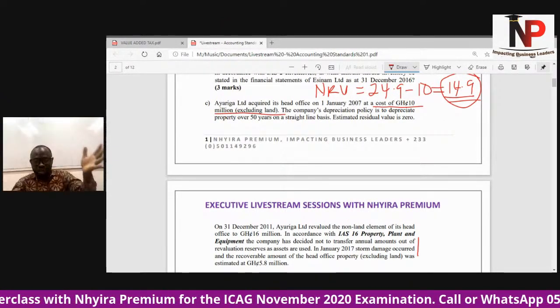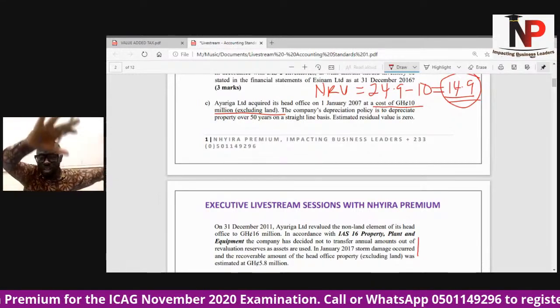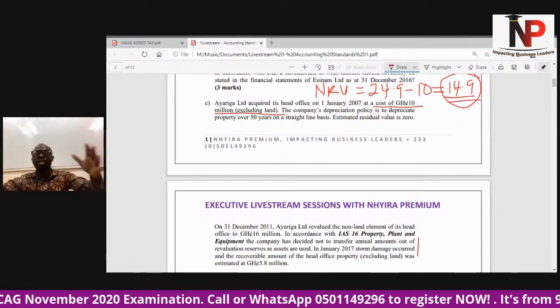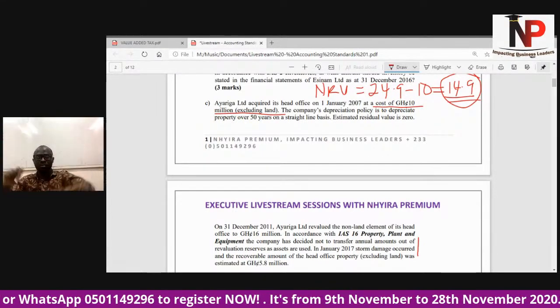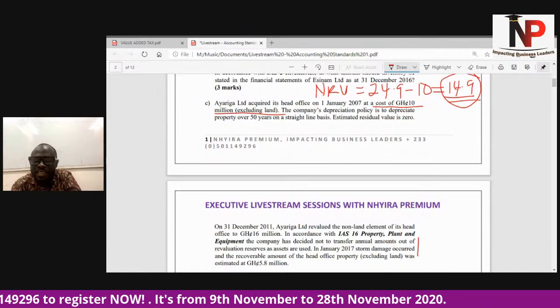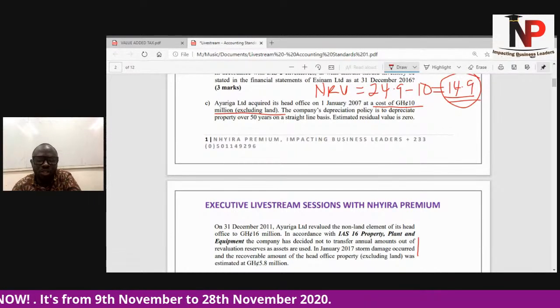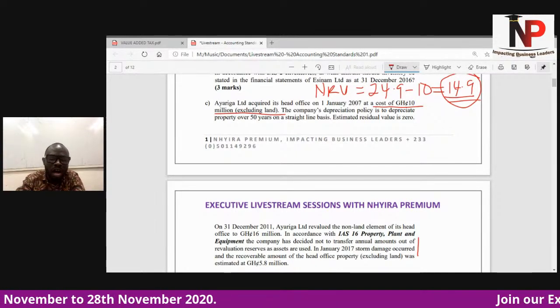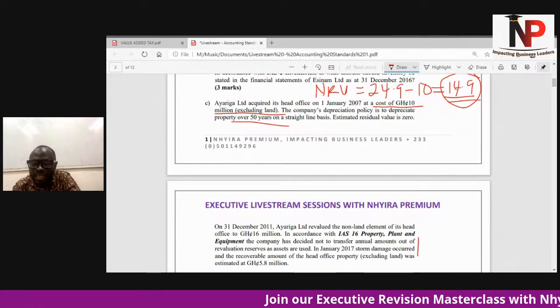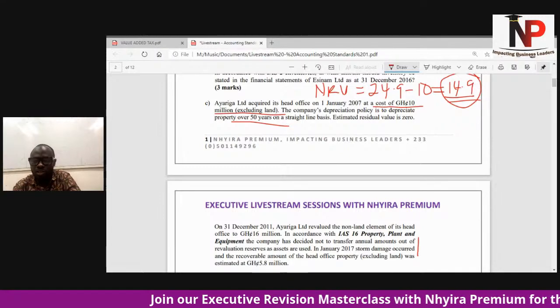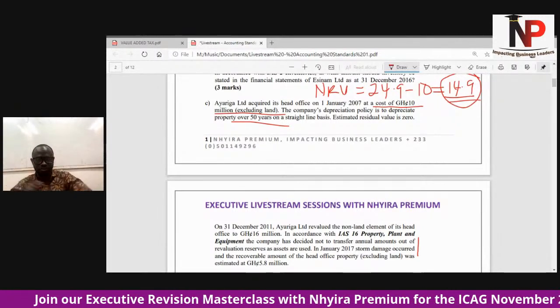So there is a head office that they bought in 2007, and the value is 10 million Ghana cedis, excluding the land. So it means it was the building that they bought. The company's depreciation policy is to depreciate property over 50 years on a straight line basis. The estimated residual value is zero.